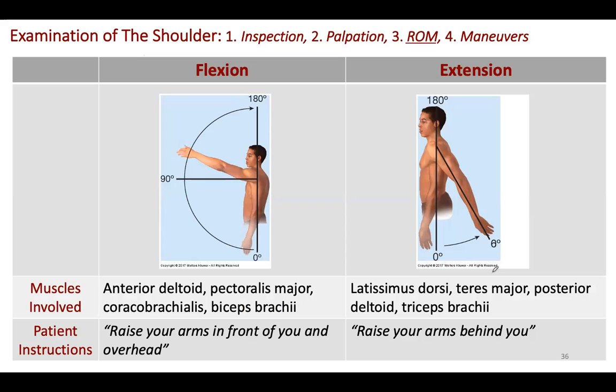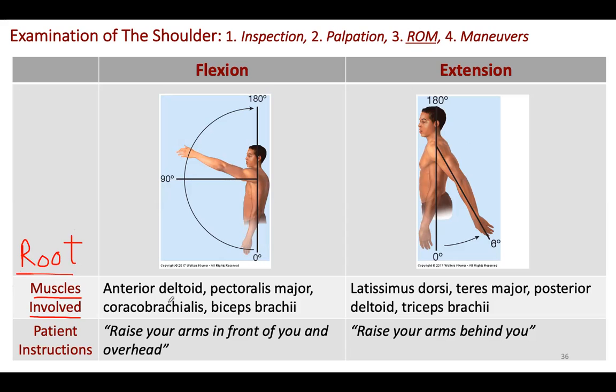And for these slides, I don't want you to get confused trying to memorize the names of the muscles involved. What I want you to know, and we will talk about that when we talk about the spine next week, is the root of the spinal nerve that is responsible for each motion. For example, shoulder flexion.